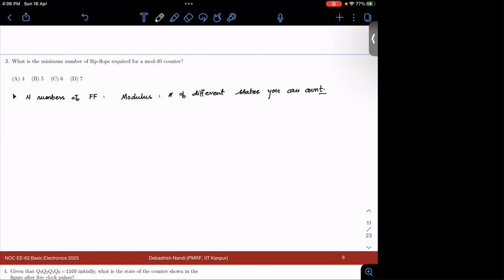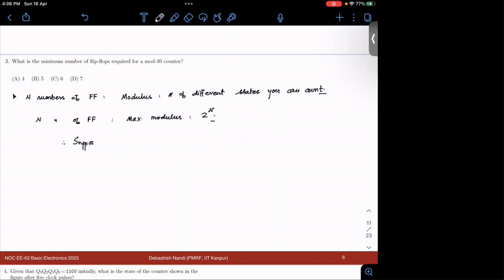So if you have n number of flip-flops, the maximum modulus would be 2 to the power n. Fine. I think this is pretty simple to visualize, but the circuit part is not quite so simple. We'll discuss it anyway in the later section.